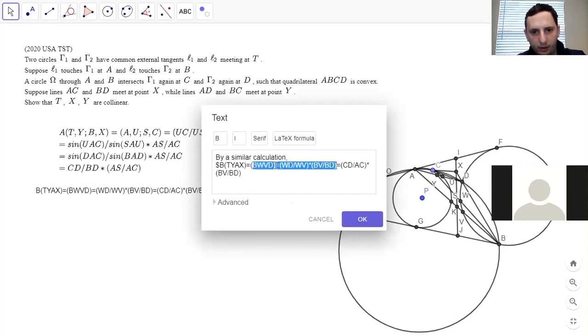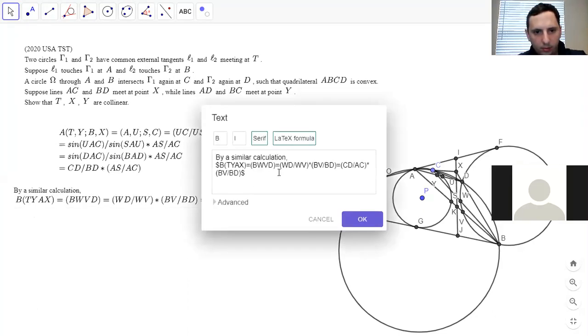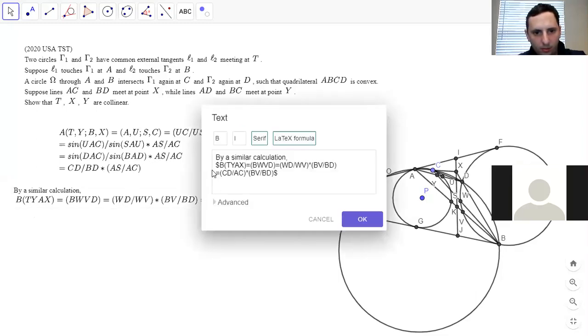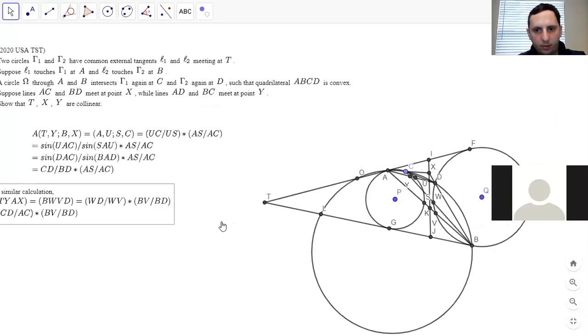I'm gonna just say this. All right. So we have this. Whoops. All right, I'm gonna make the diagram bigger now.